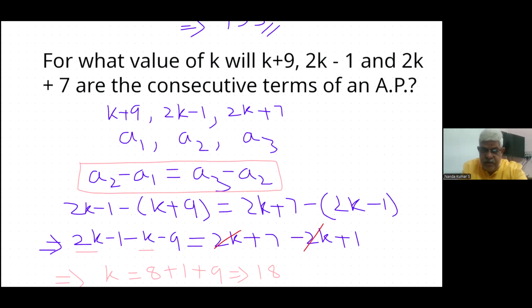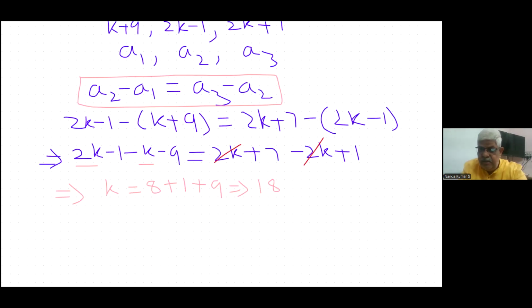So I substituted the values: a2 as 2k minus 1 minus a1, which is k plus 9, and a3 is 2k plus 7 minus the bracket of 2k minus 1. Open the brackets and separate the terms. I removed the brackets on both sides. Minus into plus is minus k, minus into plus is minus 9, equals on the right hand side minus 2k, minus into minus is plus 1.